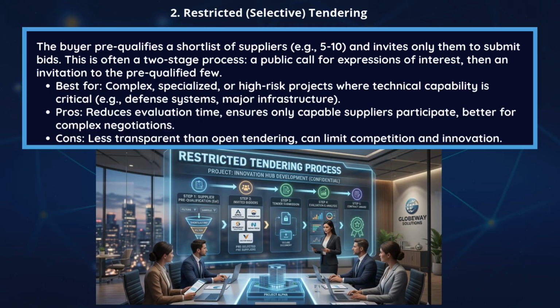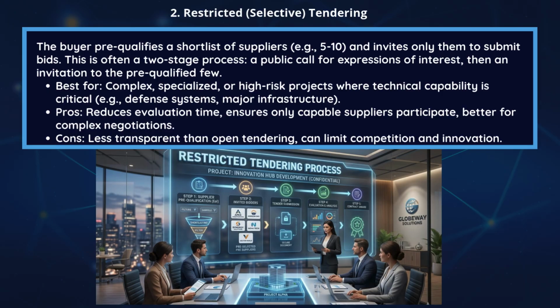Pros: reduces evaluation time, ensures only capable suppliers participate, better for complex negotiation. And cons for restricted or selective tendering: it is less transparent than open tendering, and can limit competition and innovation.